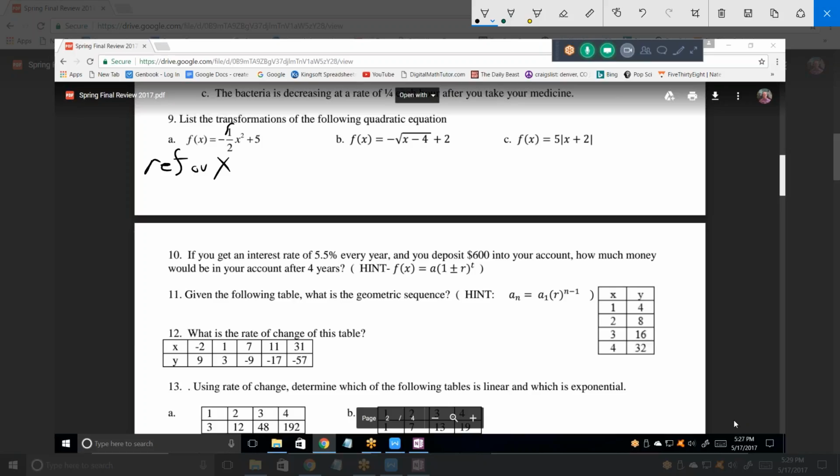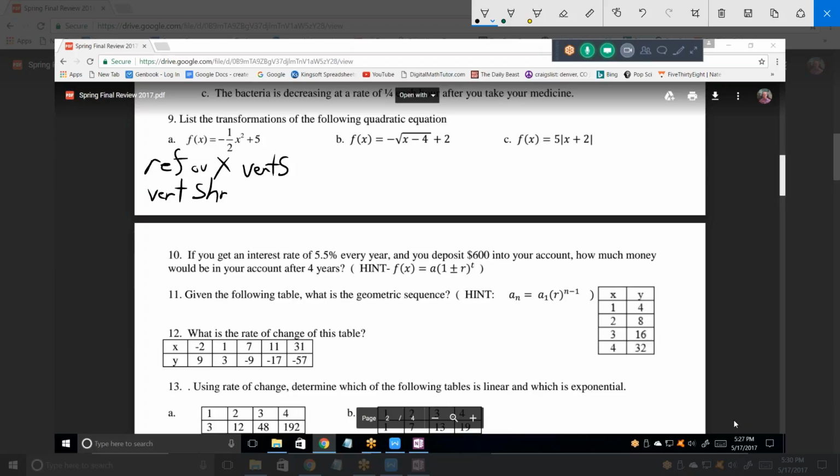What's the 1/2 do? The 1/2 is a vertical shrink. Good. Vertical shrink because it's less than 1 by a factor of 2, but we'll just leave it at that. And finally, what's the plus 5 do? It is a vertical shift.